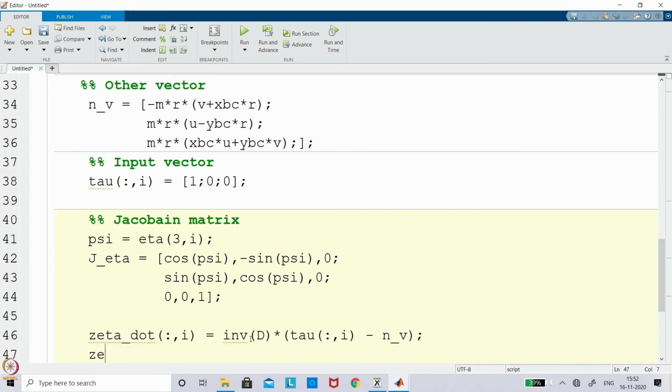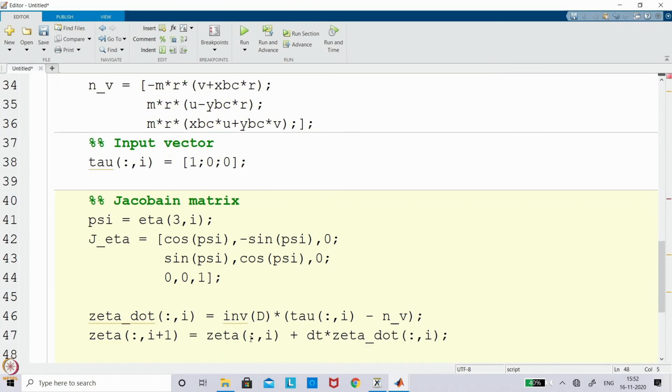Then what you want is zeta at the (i+1)th iteration, so that is zeta of i plus dt into zeta dot of the ith one. This is what we have taken as Euler integration.